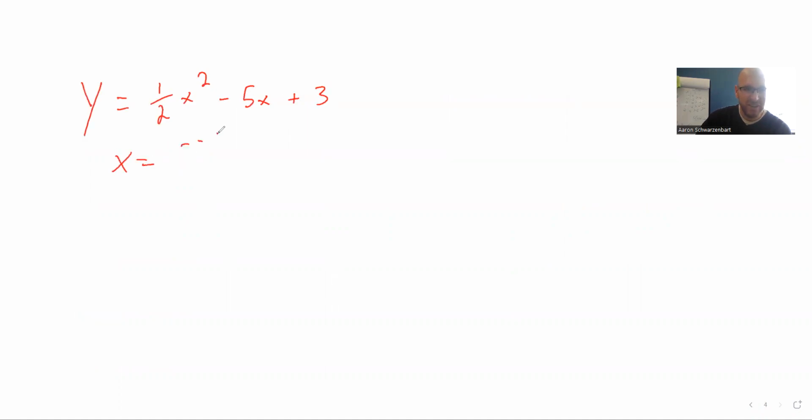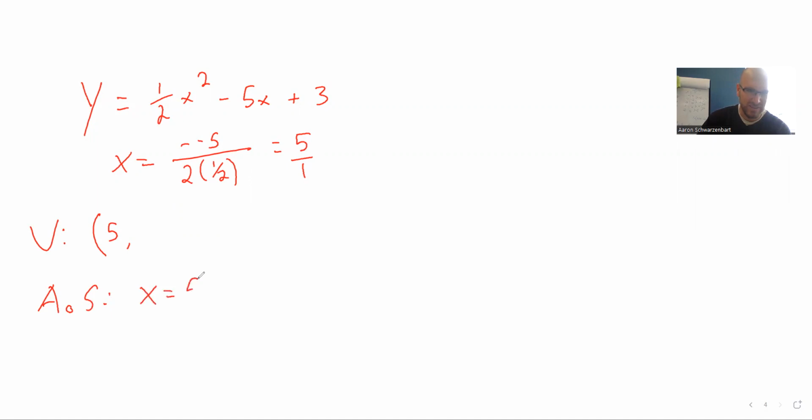Negative negative 5 over 2 times 1/2. That equals positive 5 over 1, so 5. So again, my x coordinate of my vertex is 5. My axis of symmetry, I don't even need the y coordinate for this, is x equals 5.